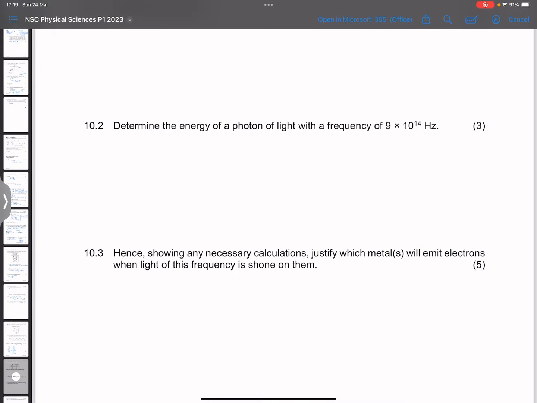They say determine the energy of a photon of light with a frequency of 9 times 10 to the power 14. Now we're looking for the energy of the photon.